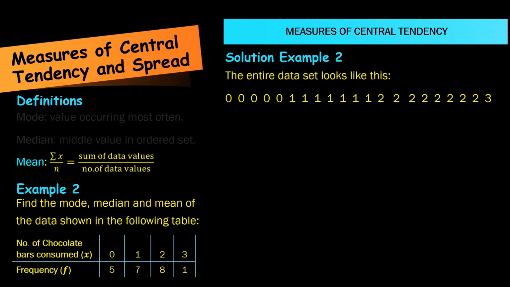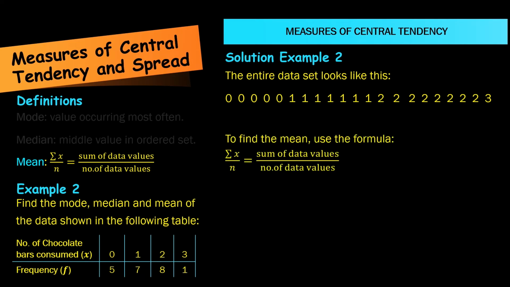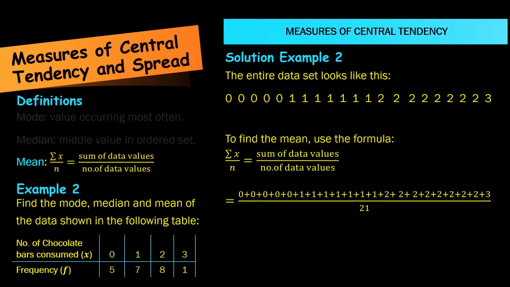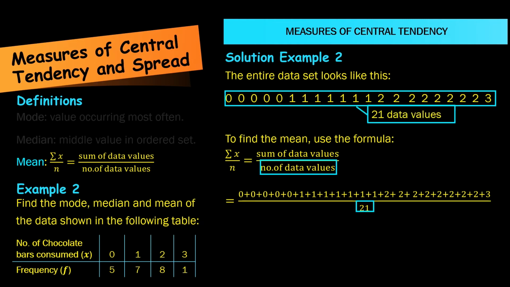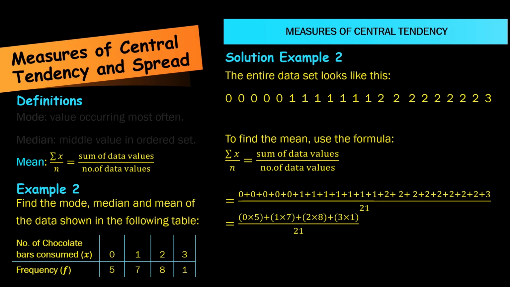And now for the mean. This is sum x divided by n. So we can either use this method, where when the data set is written out, we simply add the values and then divide by the number of values, which is 21. Or we can use the table.